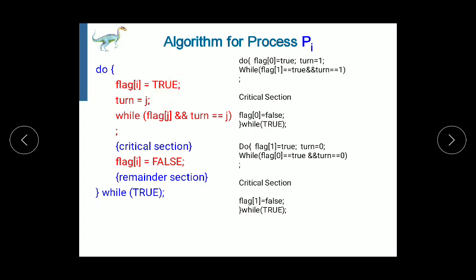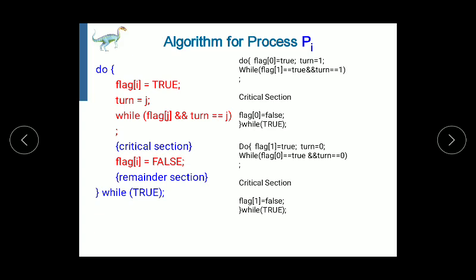Okay, turn is equal to j, thereby asserting that if the other process wishes to enter the critical section, it can do so. If both processes try to enter the critical section at the same time, turn will be set to both i and j at the same time. But only one of these assignments will last, the other will occur but will be overwritten immediately. So the eventual value of turn determines which of the two processes is allowed to enter its critical section first.